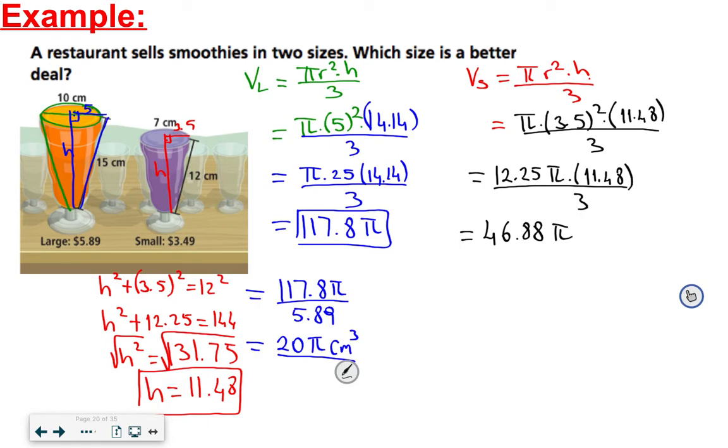To understand how much smoothie you can get per dollar, you need to divide this by 3.49.